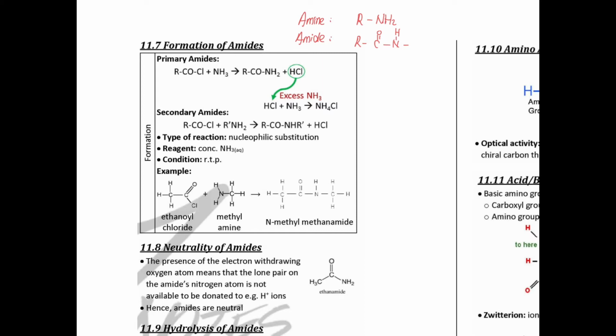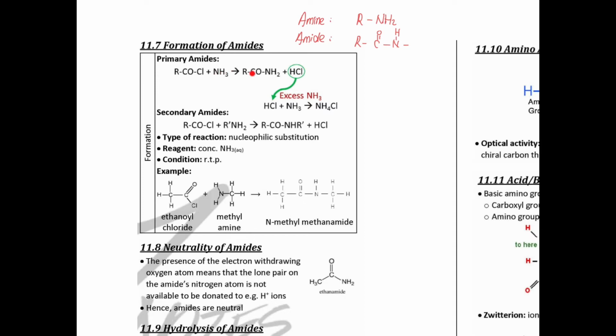So we have primary amides here. RCOCl, acyl chloride, reacts with ammonia. The Cl from the acyl chloride will always form HCl together with the H here. So they form HCl, and then the NH3 will act as the nucleophile.